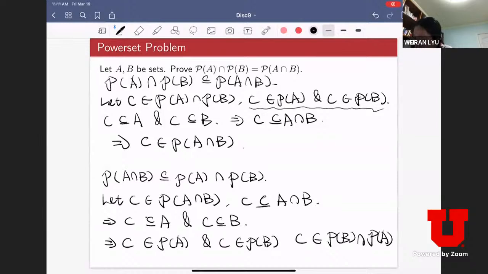All right, and thus you can say they are equal to each other.